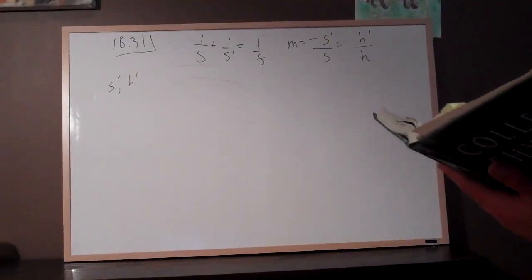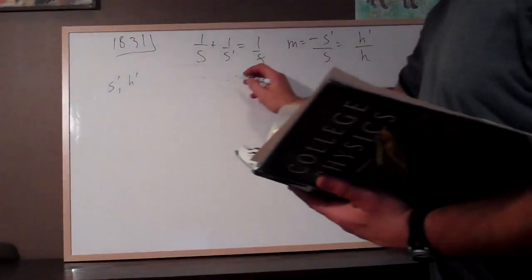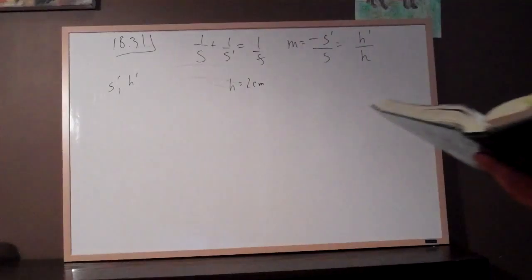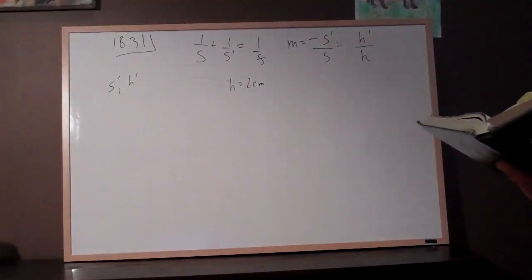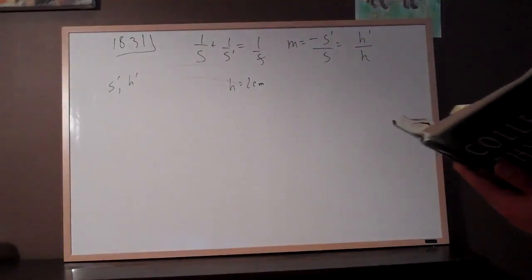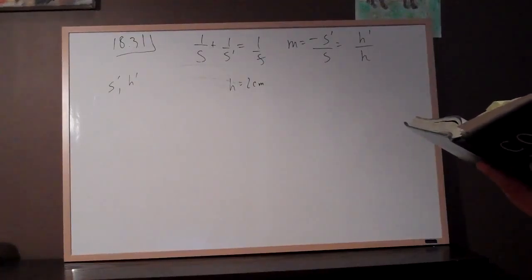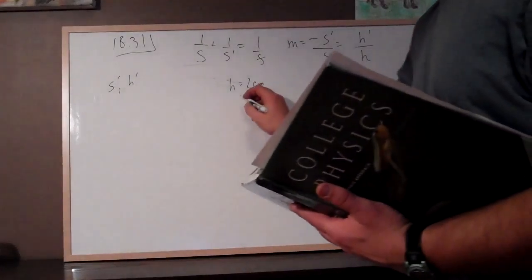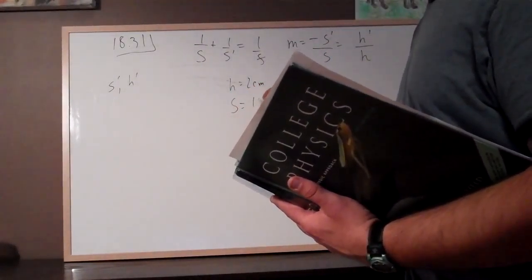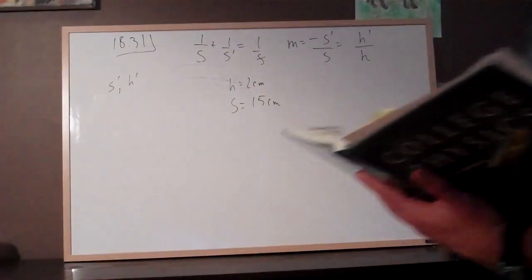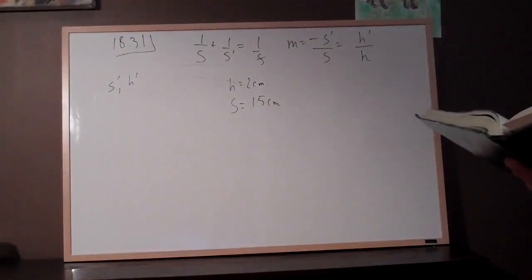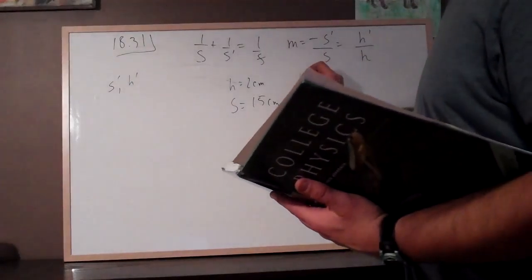A 2 centimeter tall object, so h is 2 centimeters, is 15 centimeters in front of a converging lens, so s is 15 centimeters, and we know the focal length of the lens, 20 centimeters.